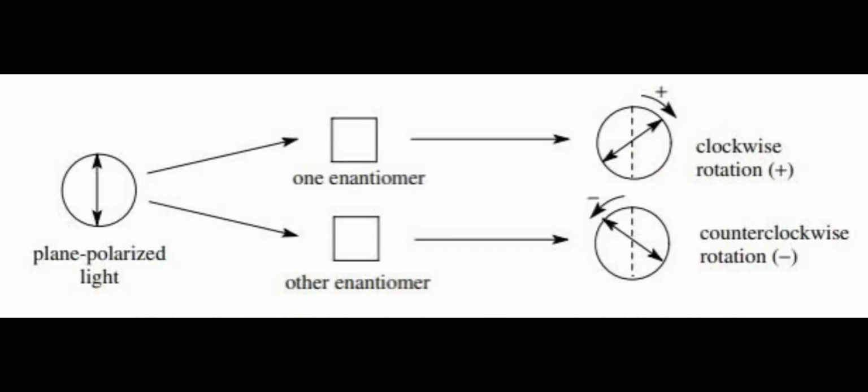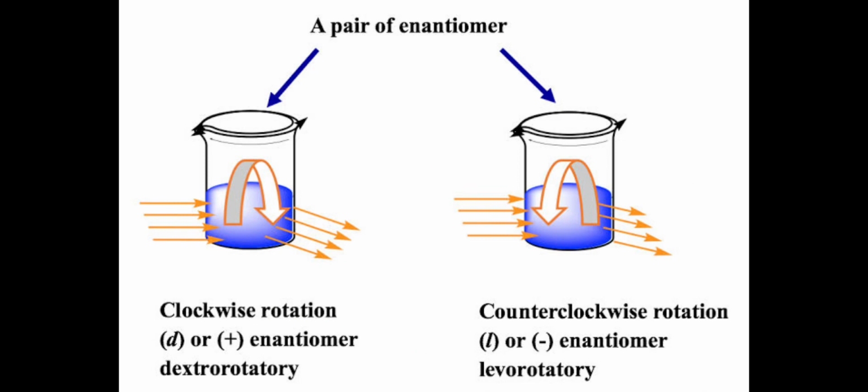Now, the R and S comes to turn the light in specific directions. If it's going to be the R, it's going to turn the light specifically to the R, and the S is going to be in the S version. If a chiral molecule rotates the light to the right, this is going to be called dextrorotatory.